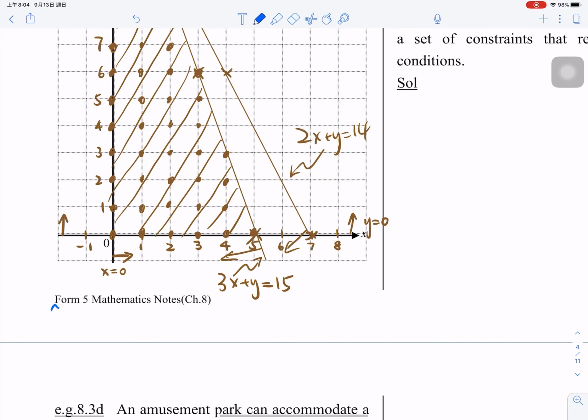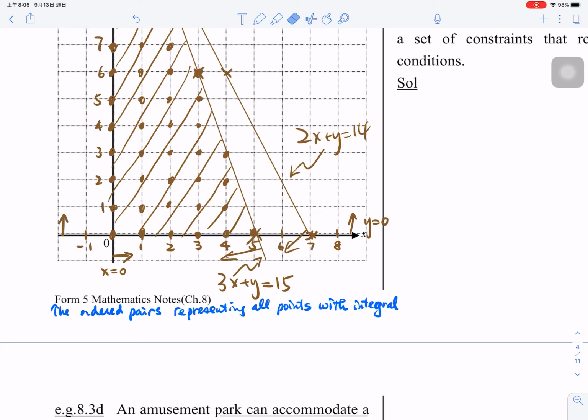You can write it as, okay, the points or the ordered pairs representing all points with integral values. Integral value, that means integer points, okay?